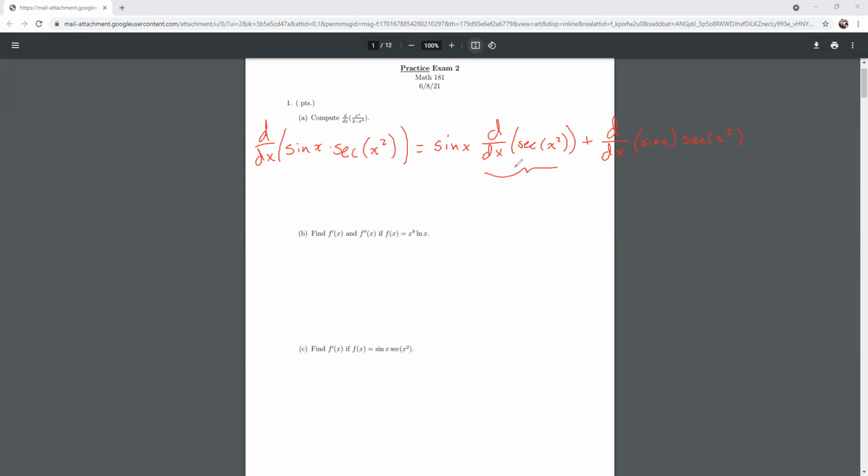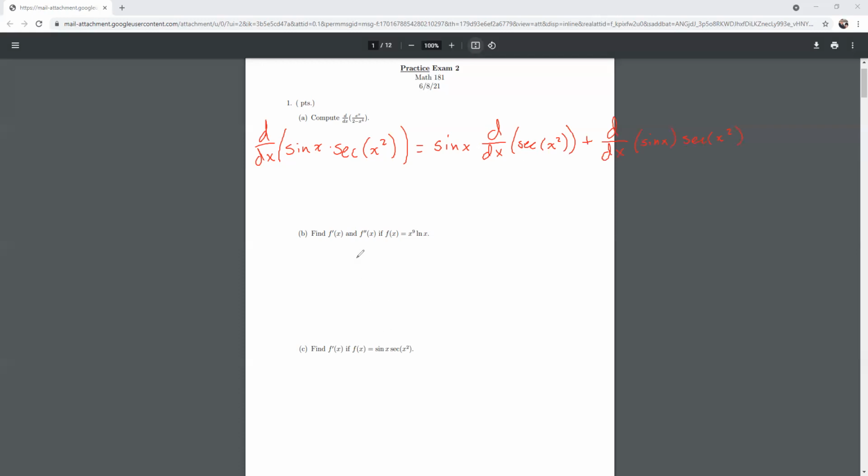Okay, let's start with maybe the tough one. So secant of x squared. So first off, we need to figure out what the derivative of secant is, right? Okay, so let's see if we can recall what that is. Okay, I was having trouble remembering myself.